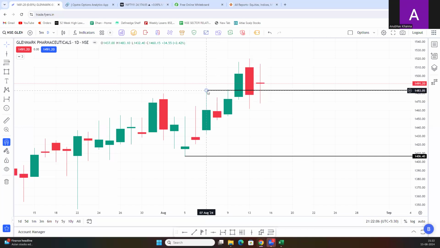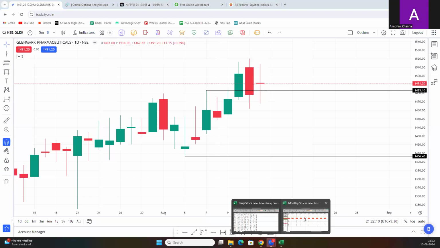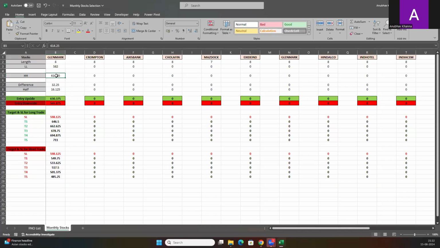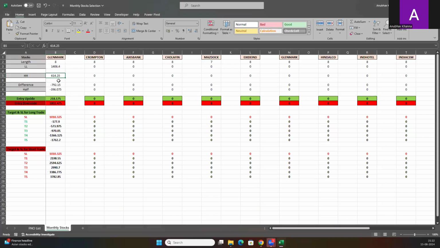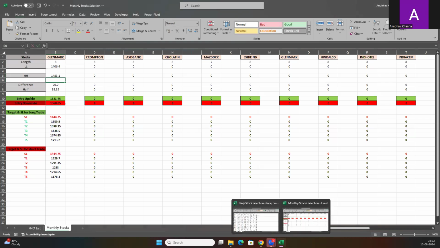Okay. Now we will put these numbers. So 1406.4, that is low. 1406.4, and the next is 1483. So my entry upside is 1521.5.